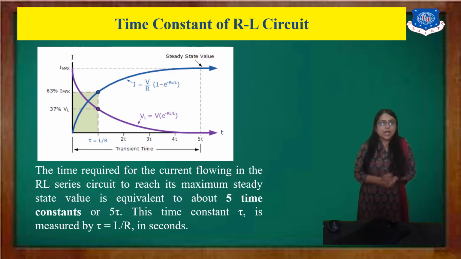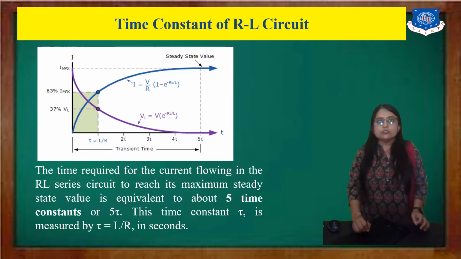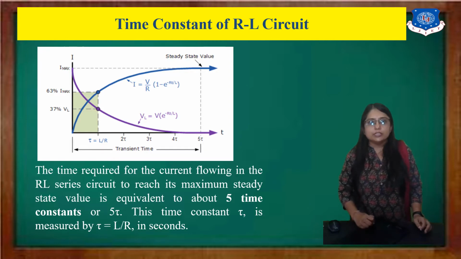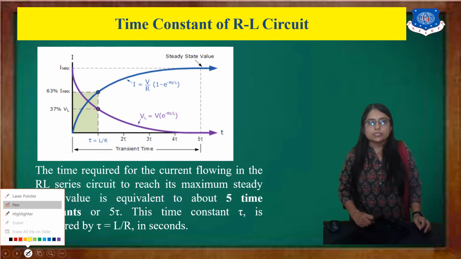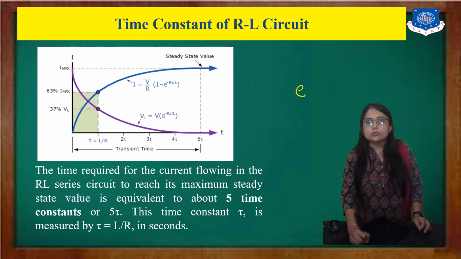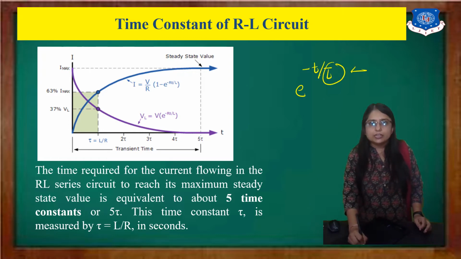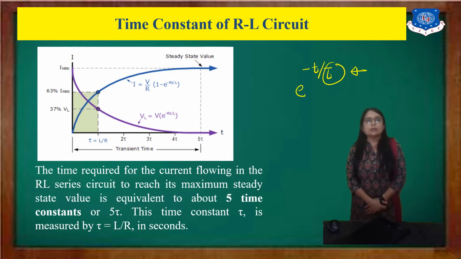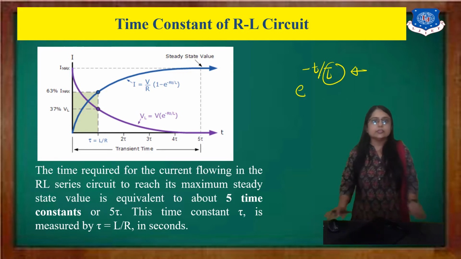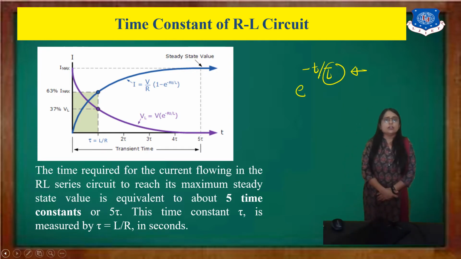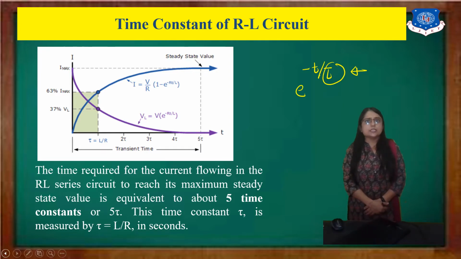So in an RL circuit, whenever you get the response, for example e raised to minus t by tau, whatever is in the denominator will become your time constant. In the same manner you can find the time constant for the RC circuit.